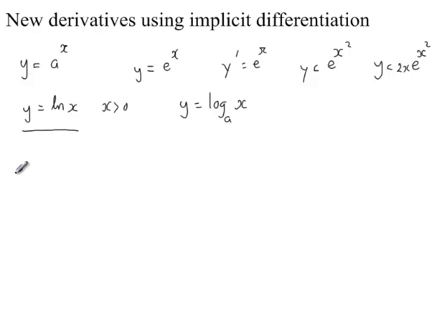Now the question is, someone tells you, differentiate y equals ln of x. I know definitely, if I put this in the test tomorrow, you'll complain, but we haven't done this.